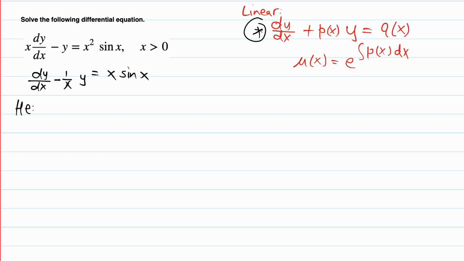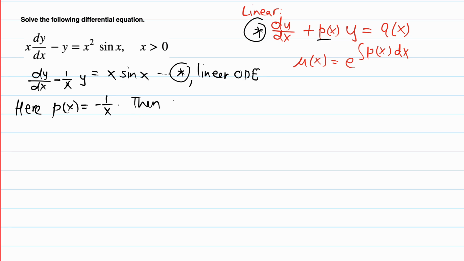Let me write this one as a star, and I am just referring to this differential equation as star, and this is a linear differential equation. Here p(x), okay, that is negative. You have to take that into account, negative 1 over x.